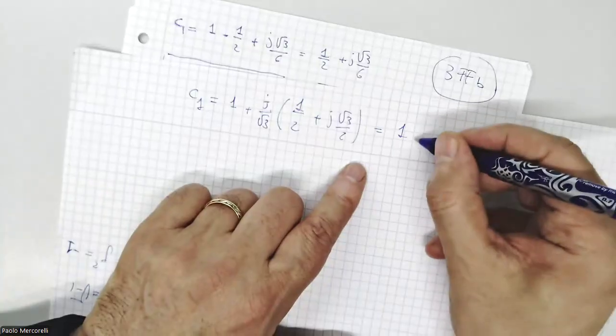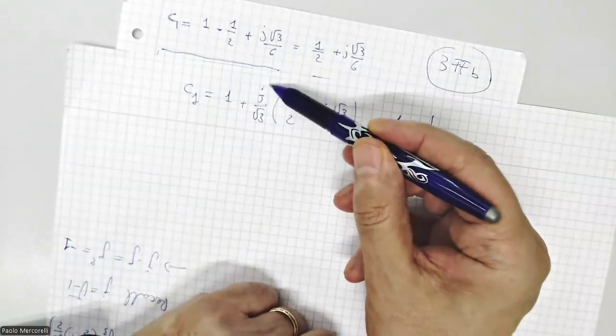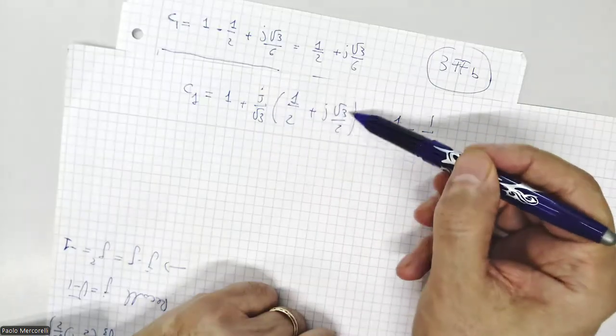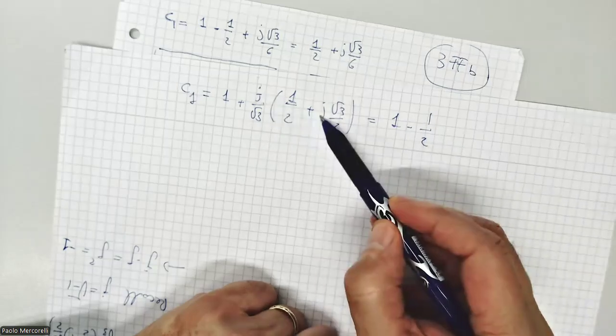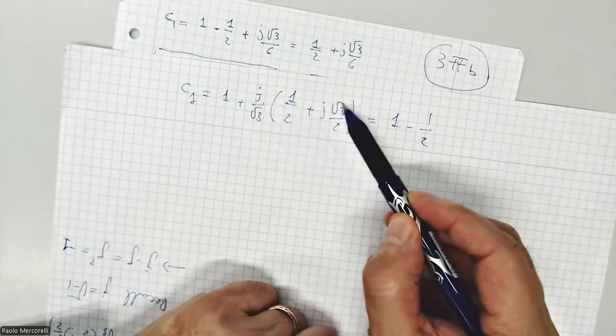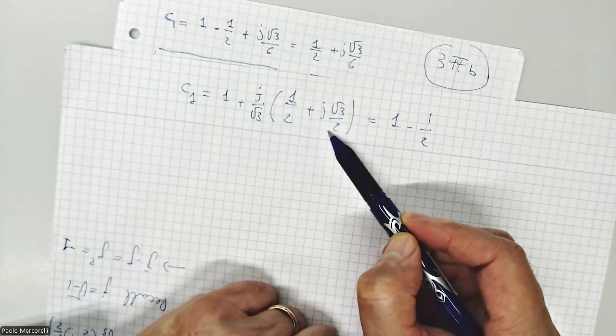Look, 1 minus 1 divided by 2, because if I multiply this, I will obtain 1 divided by 2. This is clear, no? j multiplied by j is minus 1, root of 3 over root of 3 I can cancel, and remains in the denominator 2.